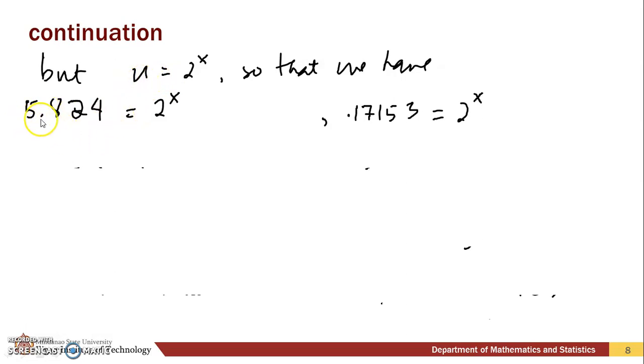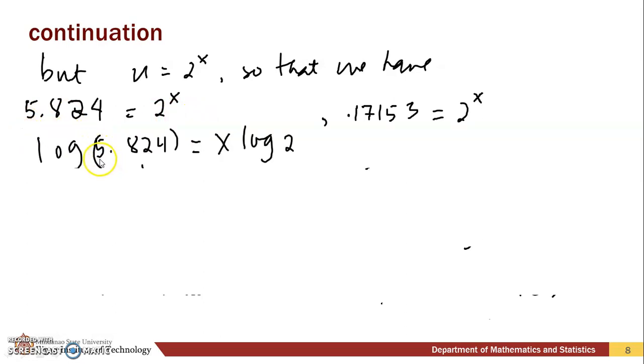That is 5.824 equals 2 to the x, and earlier we had 0.17153 equals 2 to the x. Applying again the logarithm on both sides, we have the logarithm of 5.824 equals the logarithm of 2 to the x, which can be rewritten as x log of 2.